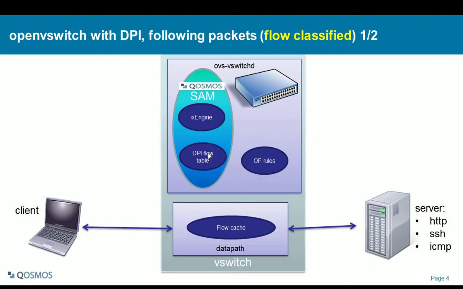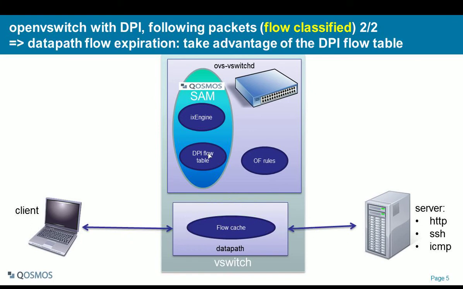Once the classification is done and the flow cache has been updated, we have a hit, and we have the same performance as if there were no DPI at all. When the flow cache expires, we have a shortcut to avoid going through the IX engine thanks to the flow table. We have kept track of the classification result in the DPI flow table.